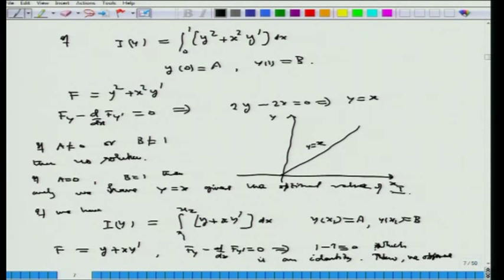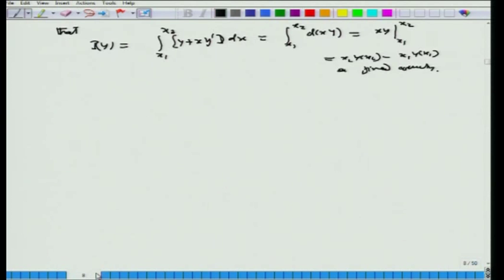And so, here we see that this is an exact differential, which is actually d of x y, and so we get the integral from x1 to x2 of d of x y as x y evaluated at x1 to x2. So, that is x2 y at x2 minus x1 y at x1, which is a fixed quantity, and so this is not a problem of the calculus of variations. So, that is where we had arrived in the last lecture.